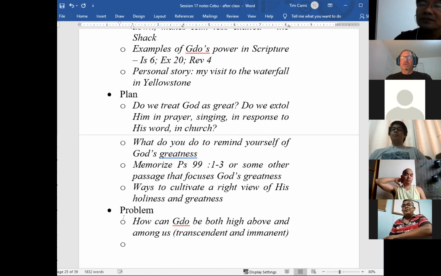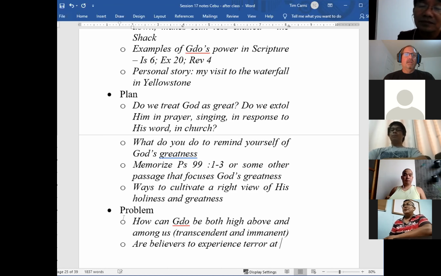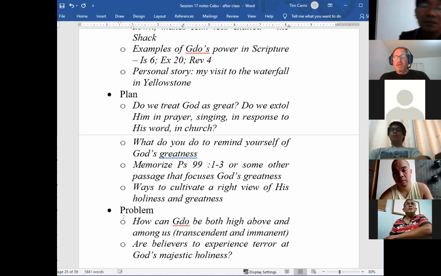How does that work? How can God be so great and far above his creation and yet at the same time be among his creation? That might be a theological problem to consider in this passage. Or how about, are believers to experience terror at God's majestic holiness? Now that might be a question in some people's minds.